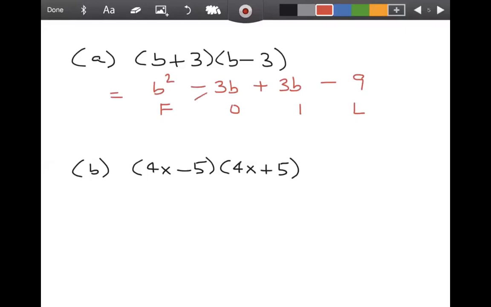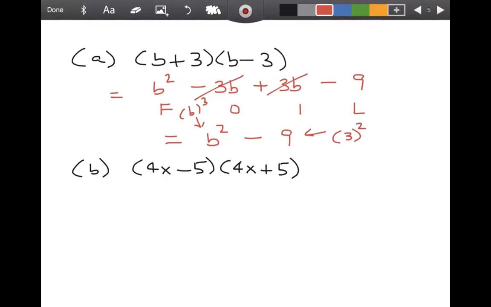The minus 3b and the plus 3b cancel and just leave you with b squared minus 9. This doesn't happen very often when you multiply two binomials and the answer is a binomial. What I want to point out about these two terms is that this one is the square of b, and this one is the square of 3. And notice there is a minus in the middle, and that minus came from 3 times negative 3.